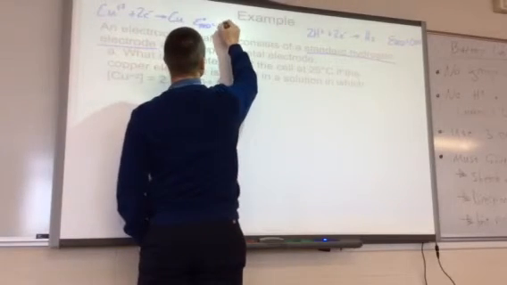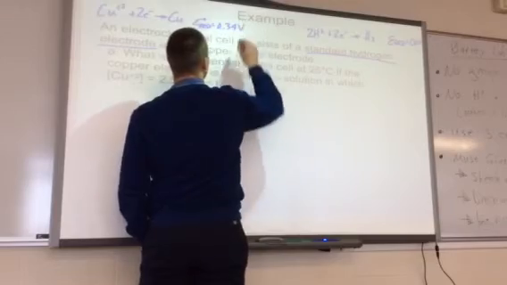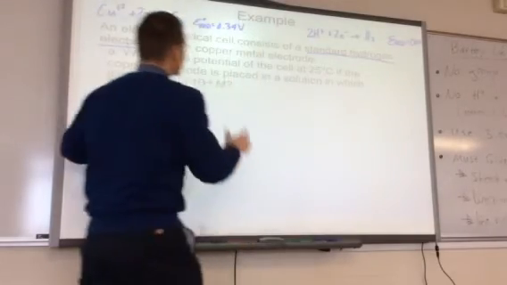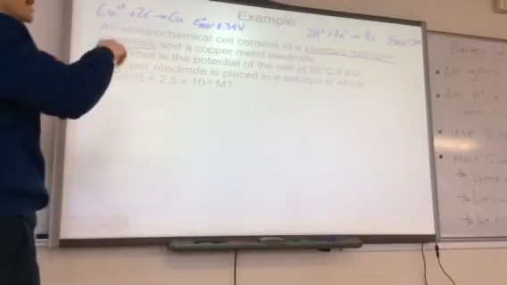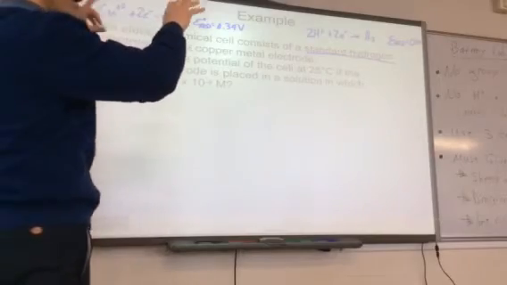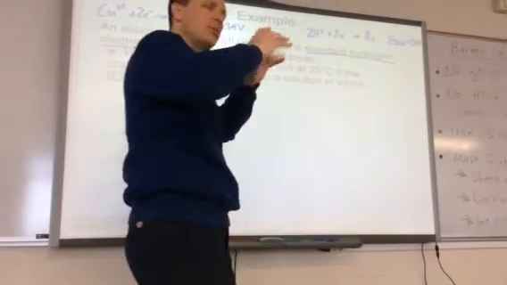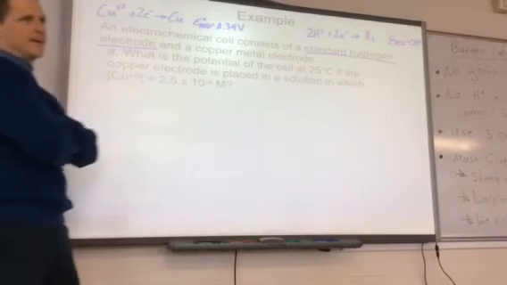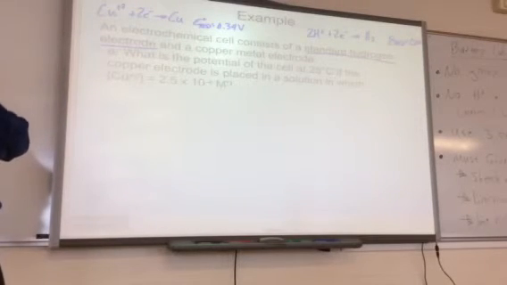So the reduction potential is 0.34 volts. It doesn't tell you which one oxidizes and which one reduces, but you should be able to figure it out. You have to add them together and be positive. Right. So that's what it is. It has to be oxidizing and that's being reduced.